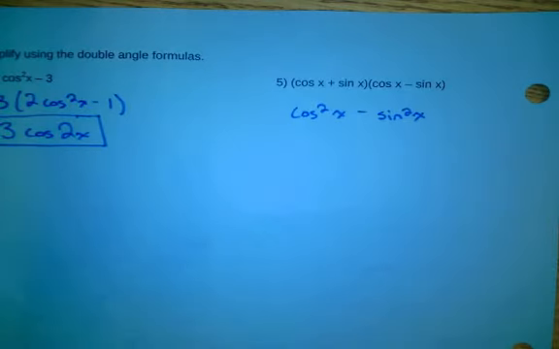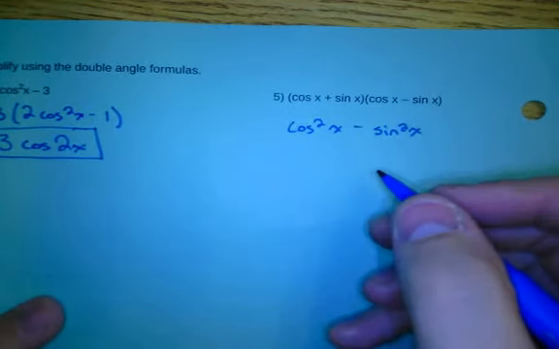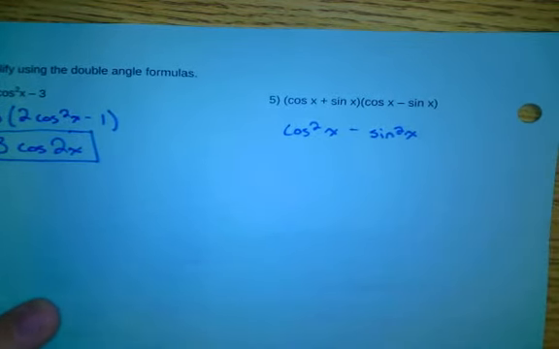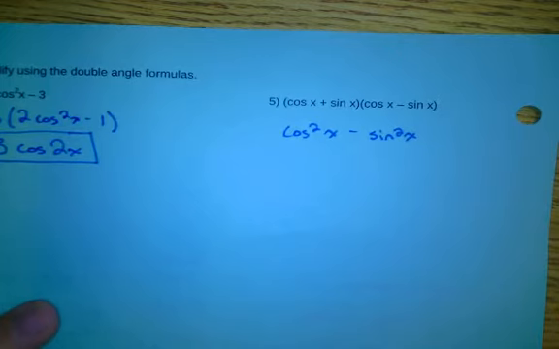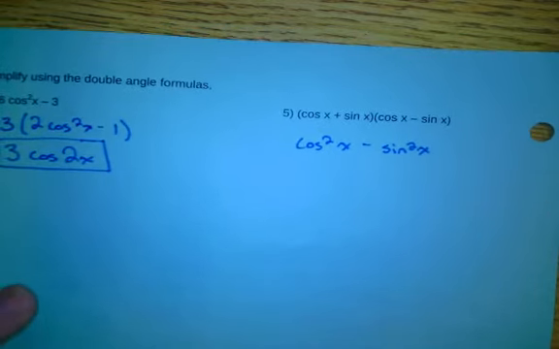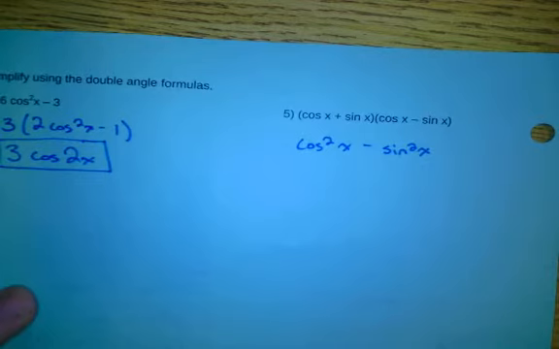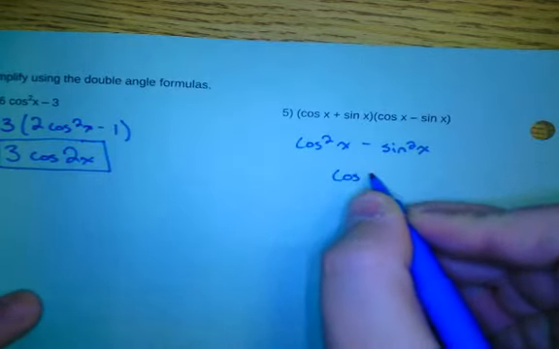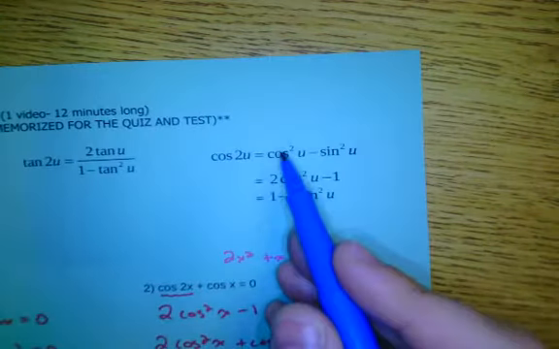Do we have to? Because they have to add together. Yeah. What's the rule? It's cosine 2x. If they were adding, it would be 1, but they're not. Cosine minus sine.